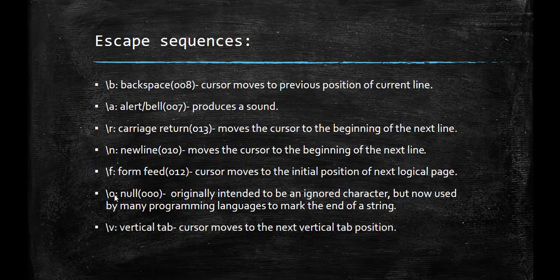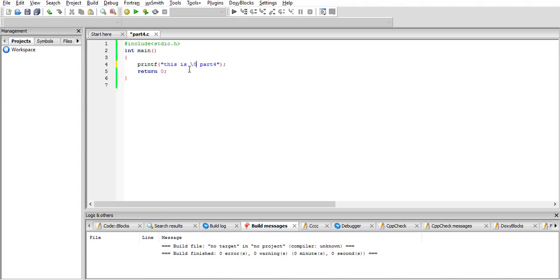And the next is null, which has 000 as the ASCII code. It was originally intended to be an ignored character, but is now used by many programming languages to mark the end of a string. The null character has no value. It's ignored by the compiler, but over time, programming languages started using it as the end of the string. Let's build it and run it.